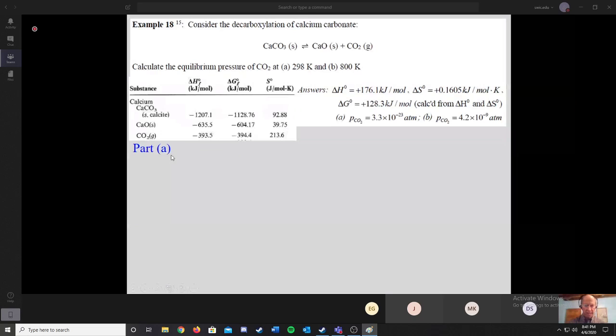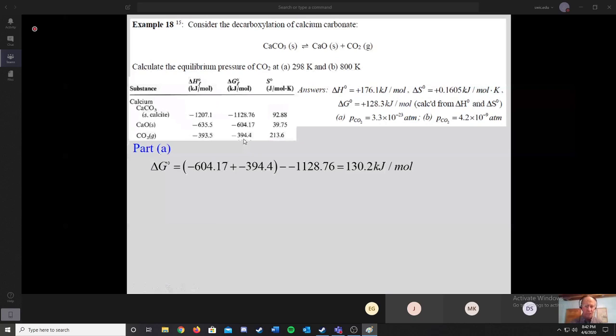So for part A, let's first calculate delta G. Delta G is the Gibbs free energy of the products, which is the calcium oxide and CO2, which is minus 604.17 and then minus 394.4.